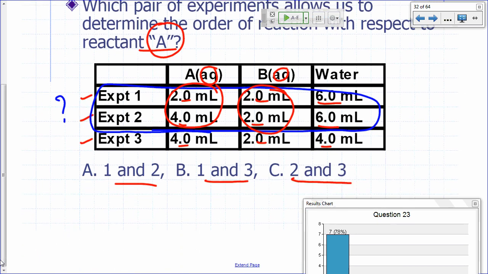Look at the total volume of your mixture. This is 2 plus 2 plus 6, that's 10 mL, right? And here you have 4 plus 2 plus 6, that's 12 mL. You have the same amount of B, but the total volume is not the same. The concentration of B is not the same in both experiments. So A is wrong.